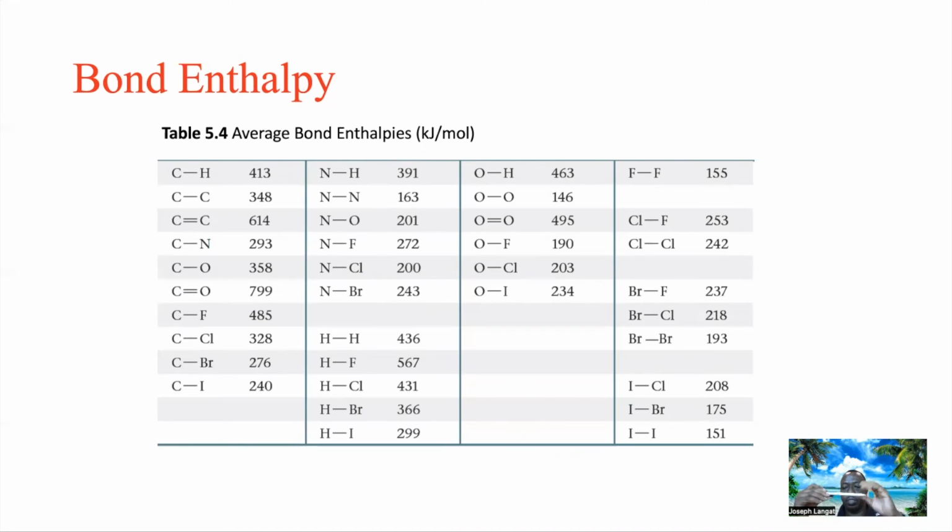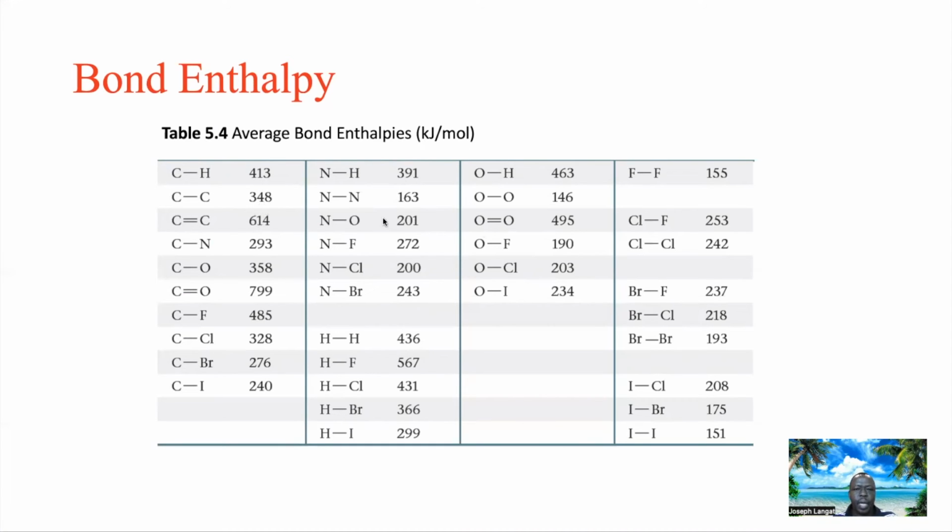So if this is carbon, and I need to break this bond right here, for carbon to carbon, 1 mole or Avogadro number is how much will be needed. If you look at the double bond, it is stronger than the single bond, 614, almost twice.